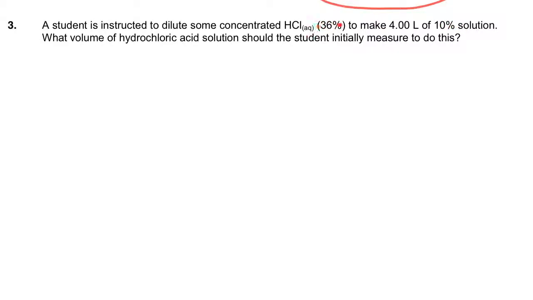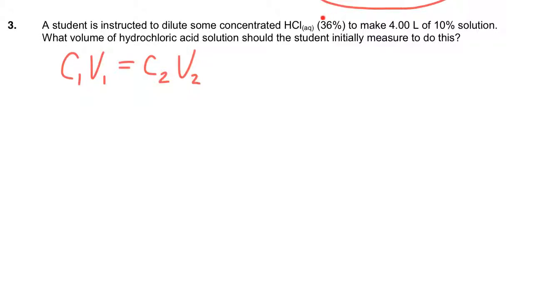So we have a 36% standard solution, and we want to make 4 liters of a 10% solution. I need to know what volume of the standard solution should they initially measure out. This is a dilution question, so we're going to start with our dilution formula.